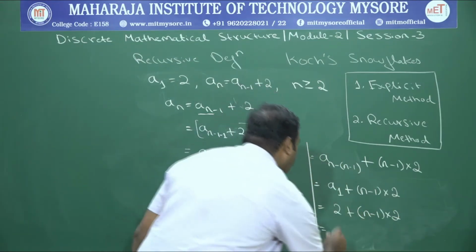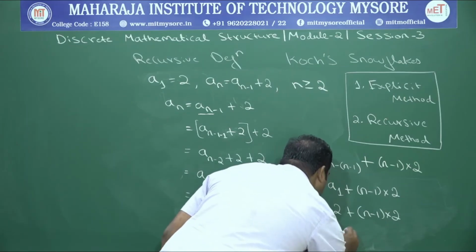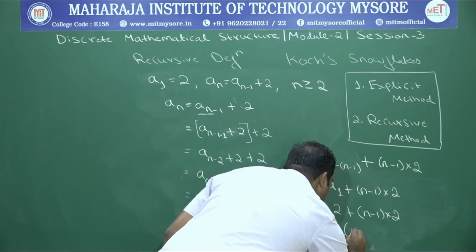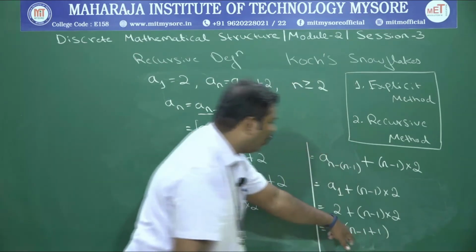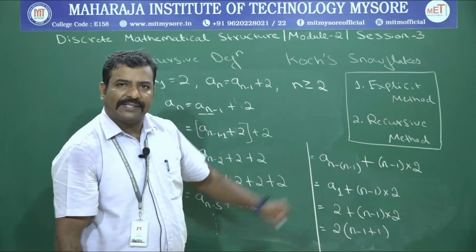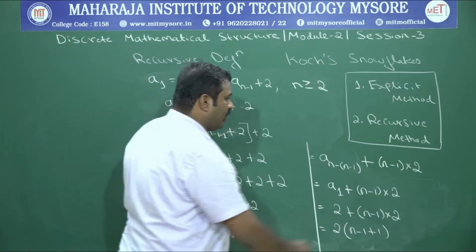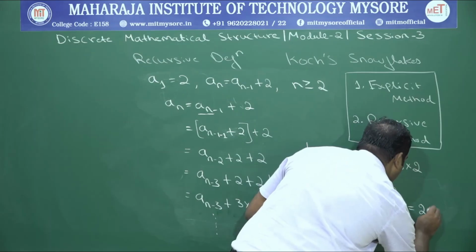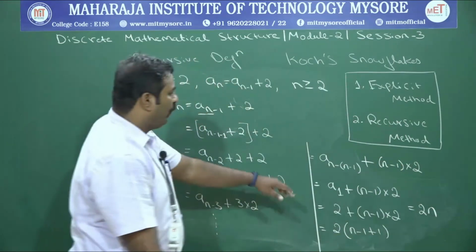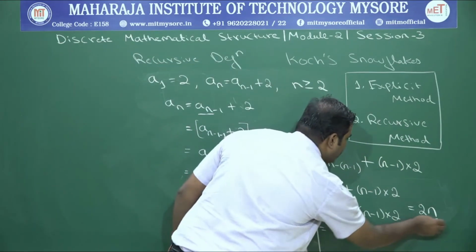So just take 2 as common. So 2 of (n minus 1 plus 1). So minus 1 plus 1 gets cancelled, and I'm just going to end with 2n. Now if you just observe, I have ended with 2n.